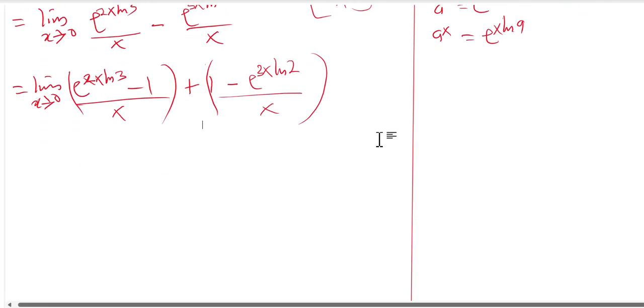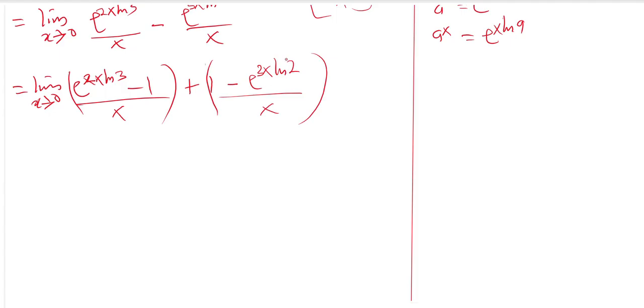So the first part is sorted. The second part, we want to rewrite it to be in the proper standard form, and the way to do that is to multiply this by minus. If we multiply the second term by minus, we are going to have, because minus 1 multiplied by plus 1 will give us minus 1, and minus multiplied by minus e to the power of 3x ln 2 will give us plus.